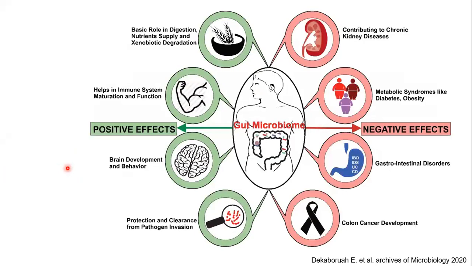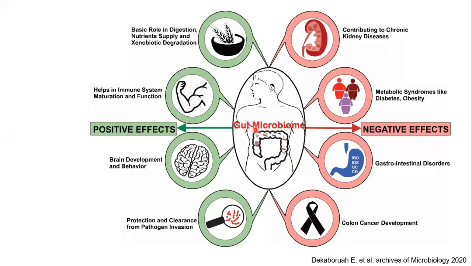Okay, so just a summary, and this is taken from a publication that was submitted last year. The gut microbiome, I said, was the most widely studied normal flora, has positive effects.